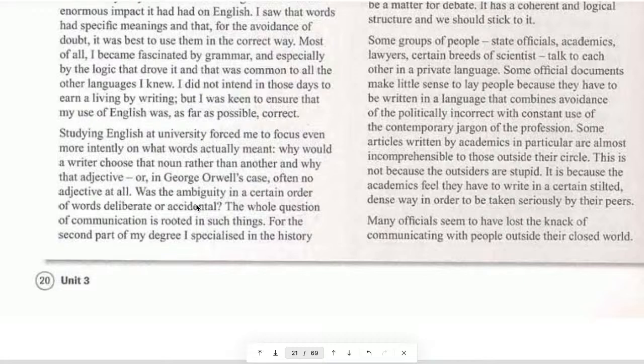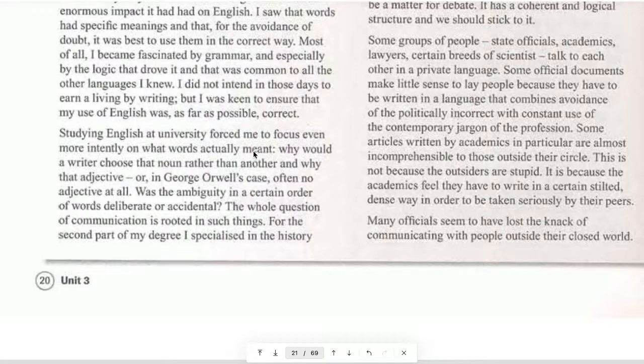Deliberate and accidental, that's an adjective. And here when we talk about such things, we are talking about nouns. Two things. That is the order of words, and the other one is word choice. Okay, because before that sentence they talk a lot. Studying English at university forced me to focus even more intensely on what words actually meant.